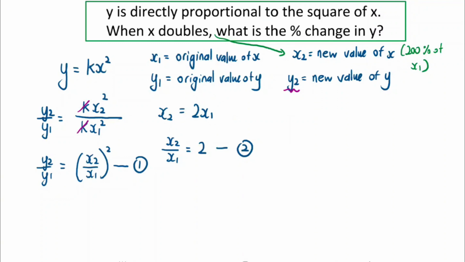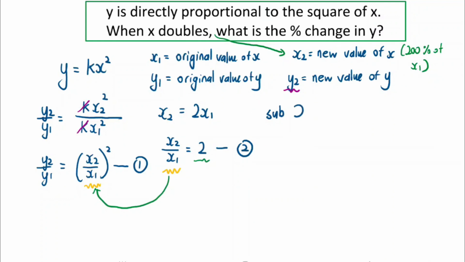The reason why we are doing this is because this expression x2 over x1 is the same as the x2 over x1 in equation 1. So now we are going to replace this x2 over x1 in equation 1 with the 2 here. So let's do that.